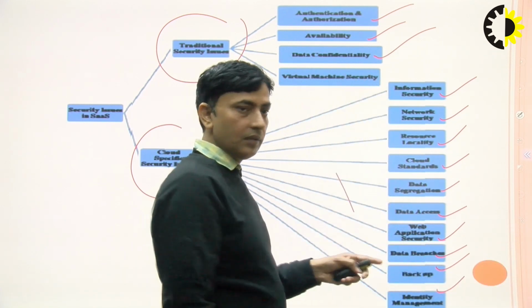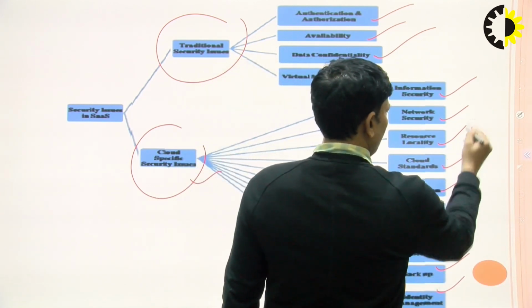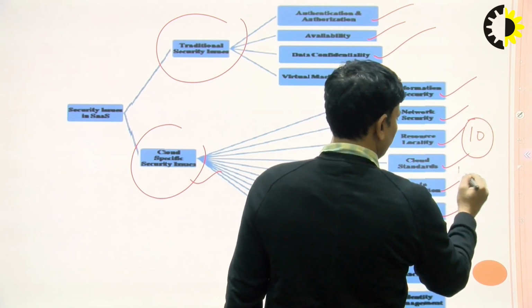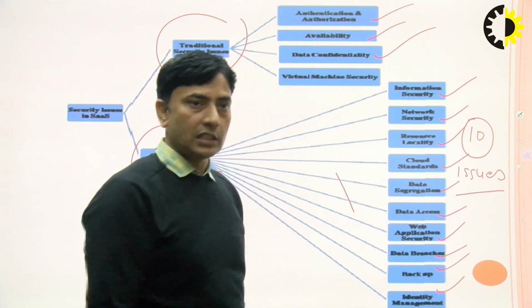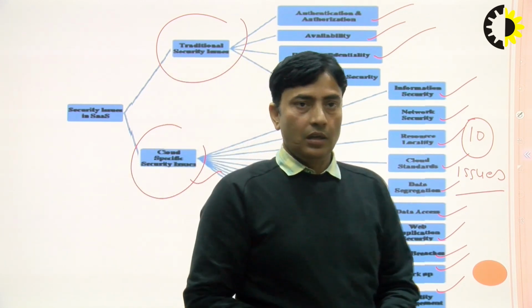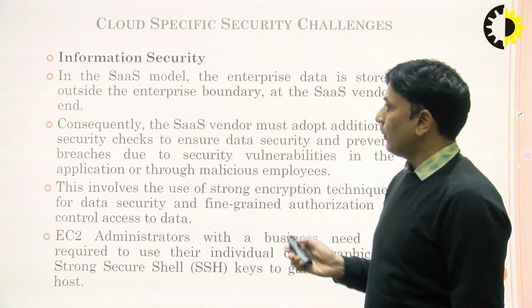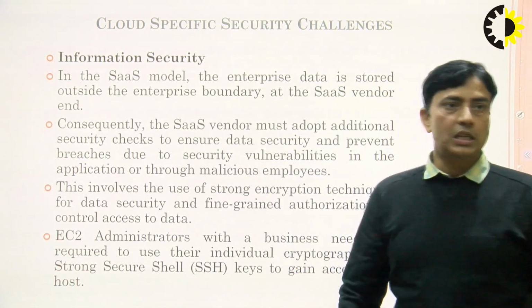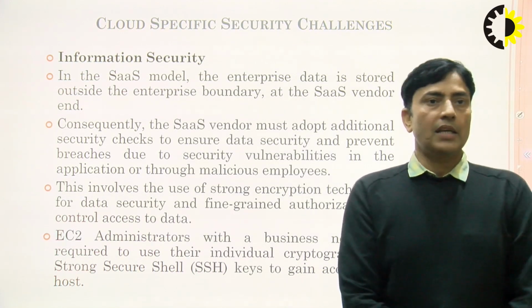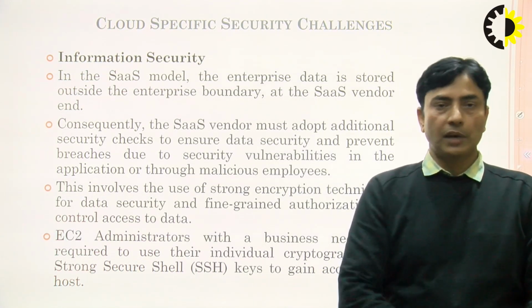These are the 10 major issues in cloud specific SaaS security. Let us see them one by one. What is information security? When we talk about information security in the SaaS model, as we know, the enterprise data is stored outside the enterprise boundary.